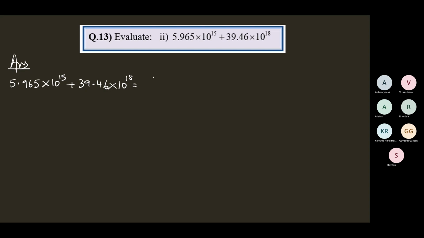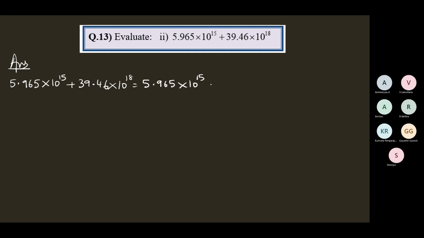So the power changes to 15, 10 to the power 18 minus 3. Just read out what you've written. 5.965 into 10 to the power 15, or 18 minus 3.